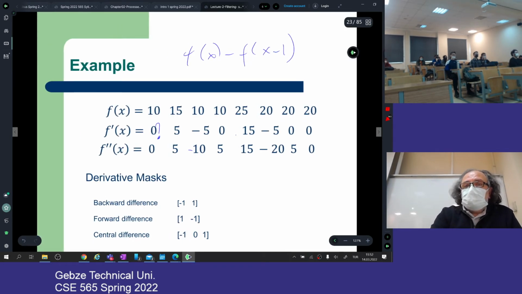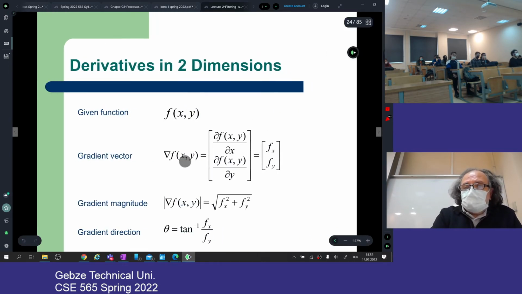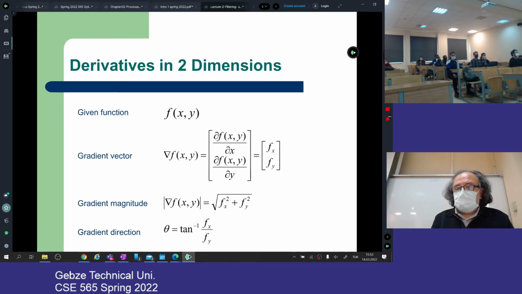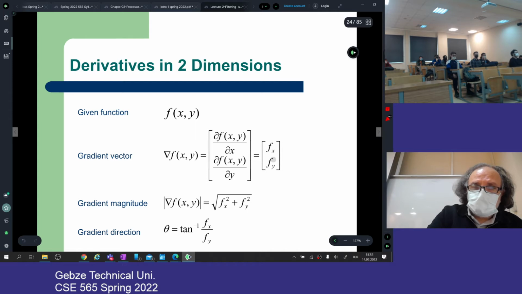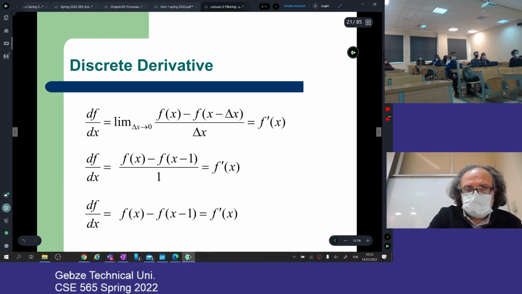For this one, at each point I have one number, okay, because there is only one dimension. Now since I have two dimensions, for each point I have two derivatives, derivative with respect to x and with respect to y, fx and fy. This is called a gradient vector, and it is shown this way. Don't get confused between this gradient and this delta.